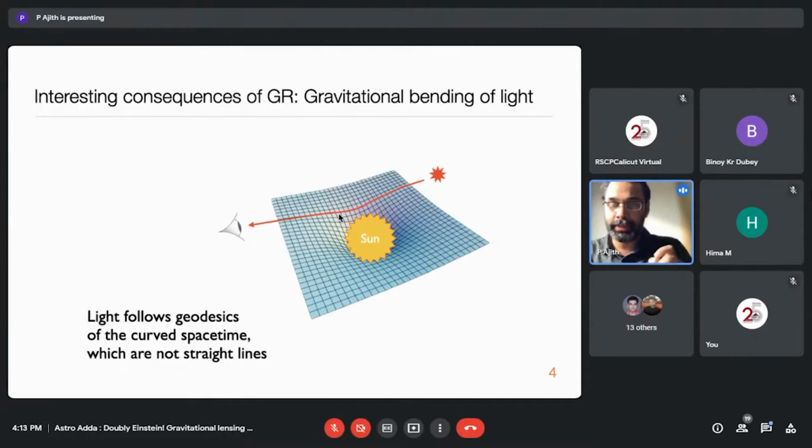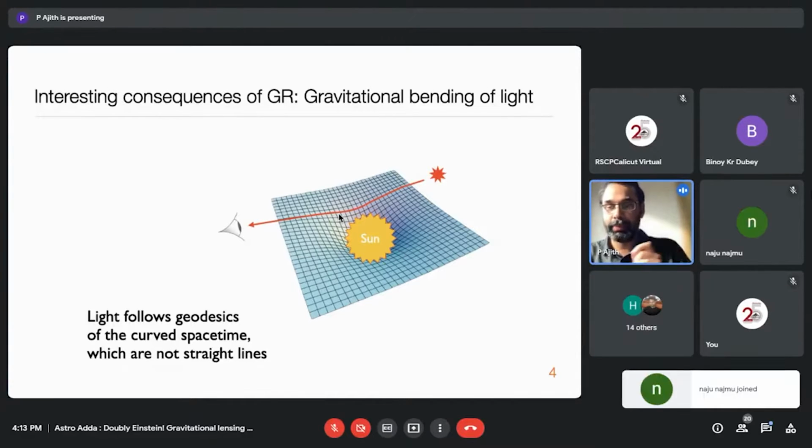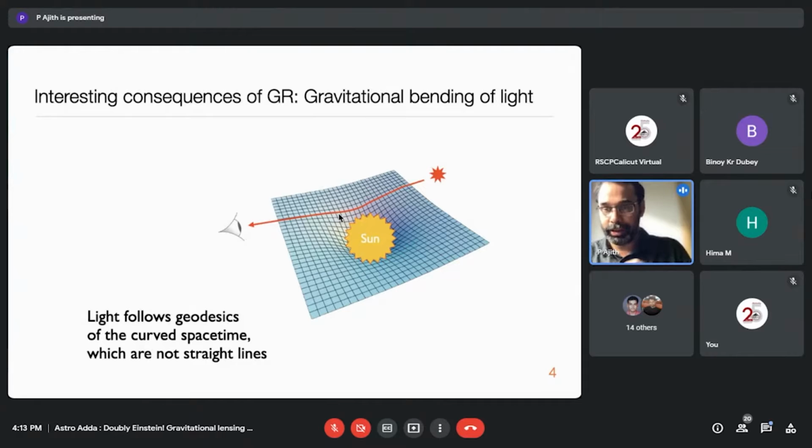Geodesics are the curves that are basically the shortest paths between 2 points. And in the case of flat space, the geodesics are straight lines. That's why light travels through straight lines in our daily experience. But if there is a significant gravitational field and the space-time is curved, then the light will travel along the geodesics of that curved space-time.